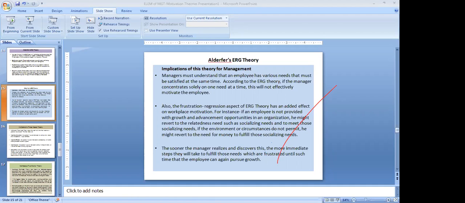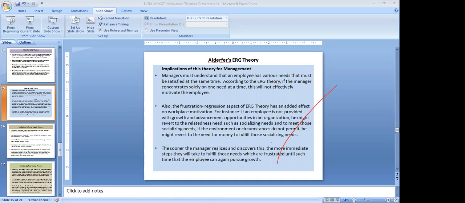And if a need is satisfied, it does not motivate any longer. What motivates, what propels behavior is the need that is yet to be acquired.